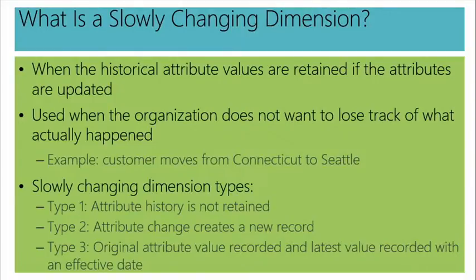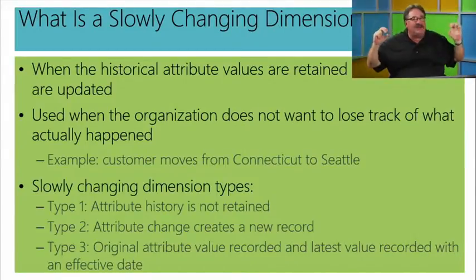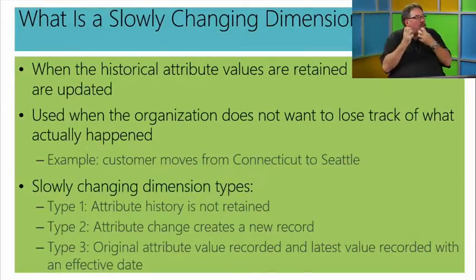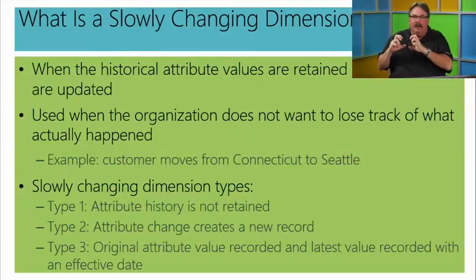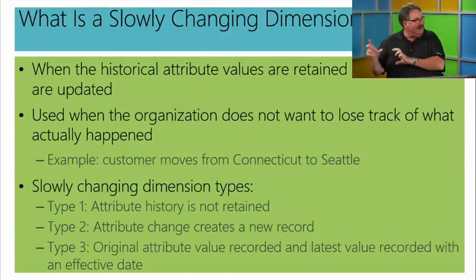It's important to understand what your choices are when you're dealing with the fact that that same customer now has two different sets of information describing where they are. At some points, they're in Connecticut. At other points, they're in Seattle. A slowly changing dimension is one where that is tracked. So I've got a tie to the records when they happened in Connecticut, a tie when they happened in Seattle.